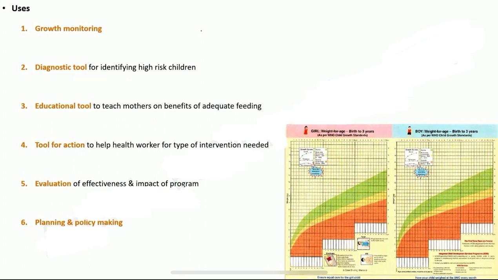Next, evaluation. So the growth chart will provide us a good method to evaluate the effectiveness of the measures. So we can understand to which extent the program has been effective, and what was the impact of a program on the child's growth and development.